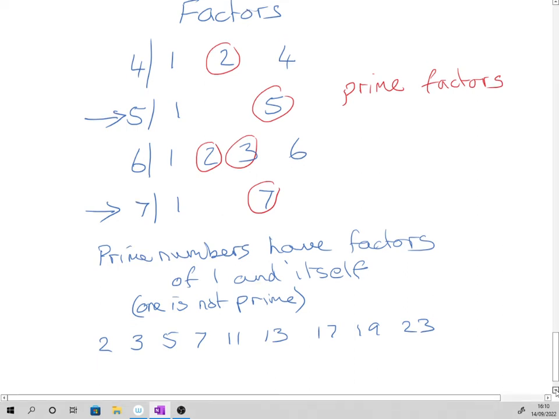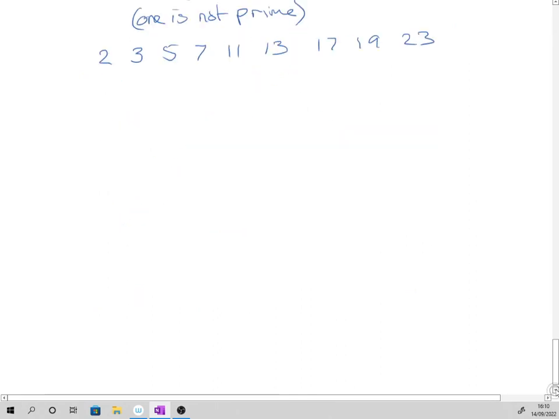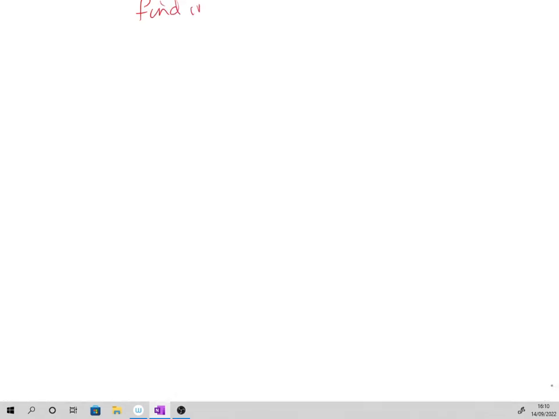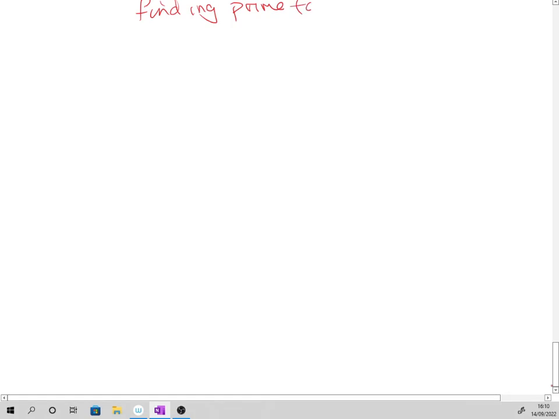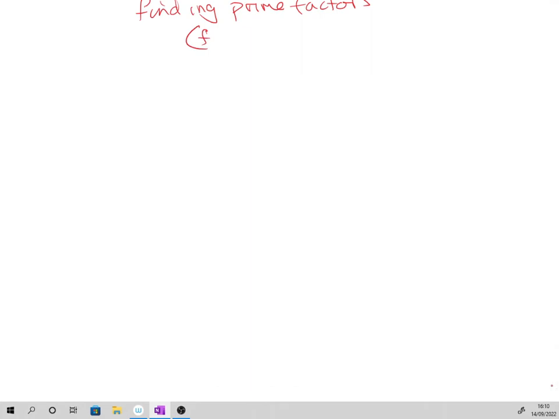So that's that. So we'll be looking at finding prime factors. Now we're going to use something called a factor tree.